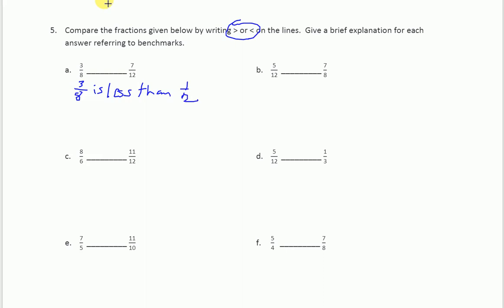And 7/12 is going to be a little more than a half. 7/12 is more than 1/2. Therefore, 7/12 is bigger.